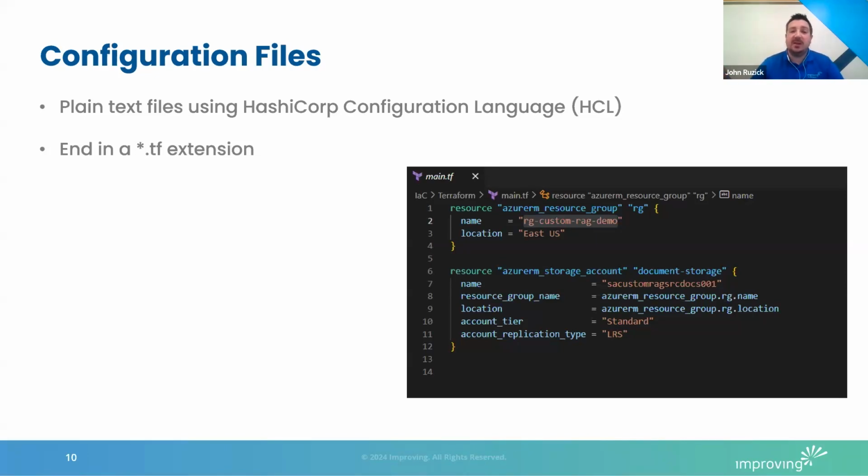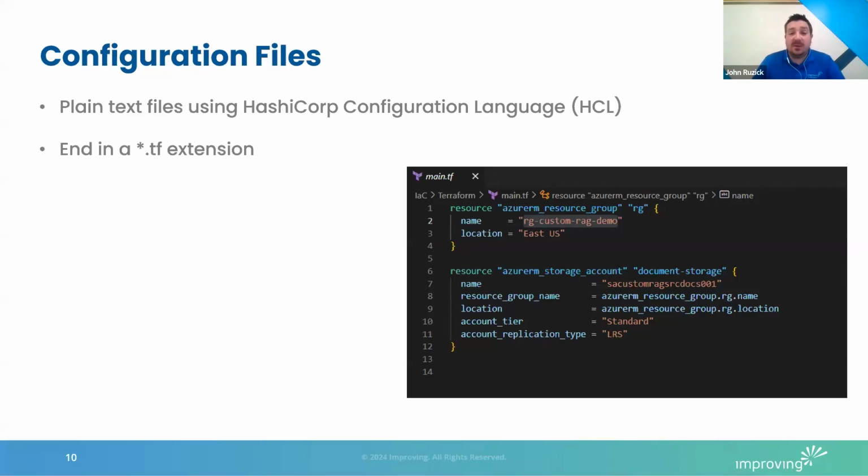I mentioned that they are plain text files written in HashiCorp Configuration Language, HCL, and they end in a .tf extension. So I've got a screenshot here that shows the layout of a very, very simple Terraform file, right? And I'll get to resources in a minute, but this is really the syntax and the definition of Terraform.